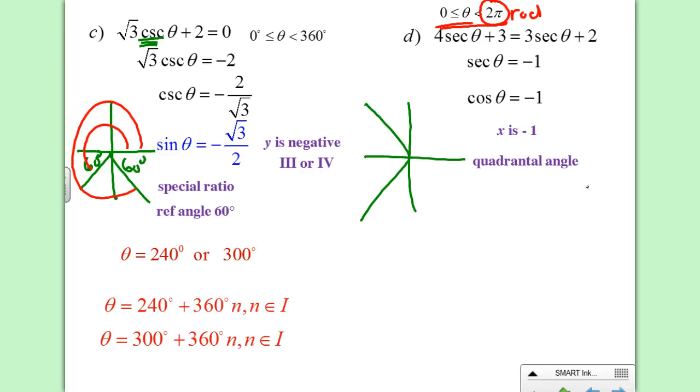Now, what's the reference angle for negative 1? We don't want that. We just want to know the reference angle, and for the reference angle, don't put a negative in. The reference angle for 1 is 0 radians.